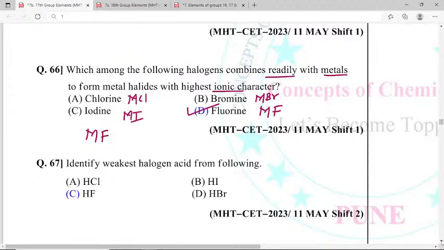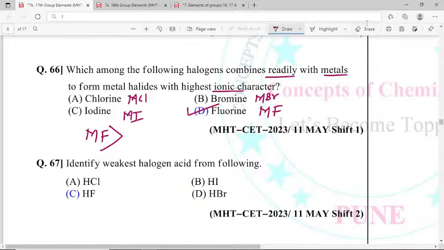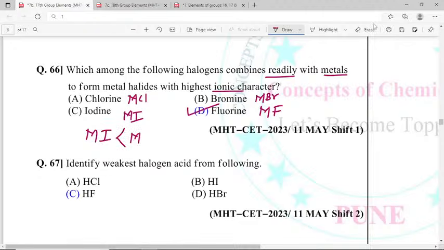Metal fluoride is strongest. Get it? So order increasing. Increasing order: metal iodide, then metal bromide, then metal chloride, and last metal fluoride. This is increasing order.